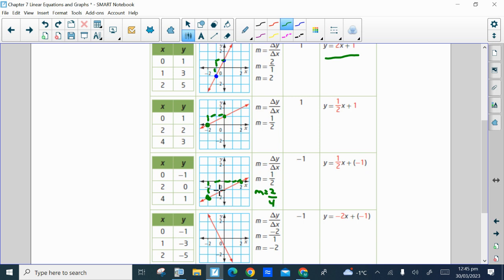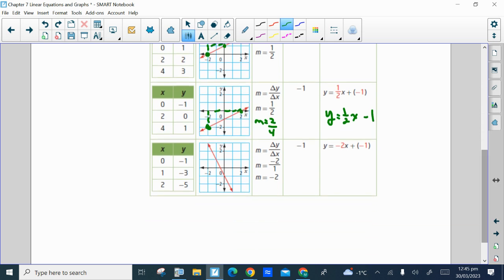That's the slope of that line. Only in this case, the y-intercept is -1. That's why the b value is -1. So you let m equal 1/2 and b equal -1. The equation is y equals 1/2 x minus 1. That's the equation of that line in slope-intercept form.